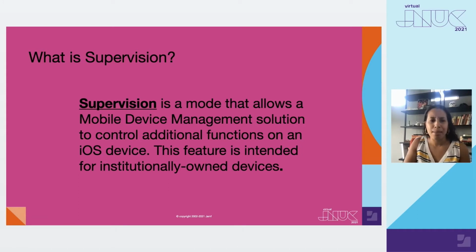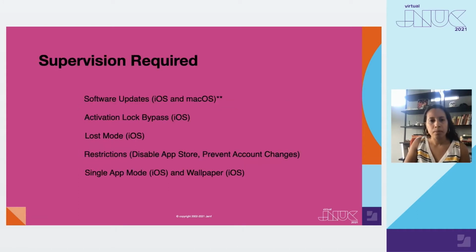And what exactly does that mean? Here are some examples of features you'll be able to manage on supervised devices. Being able to push operating system software updates over the air using Jamf Now is one example, so you can make sure your users are always on the most up-to-date software.